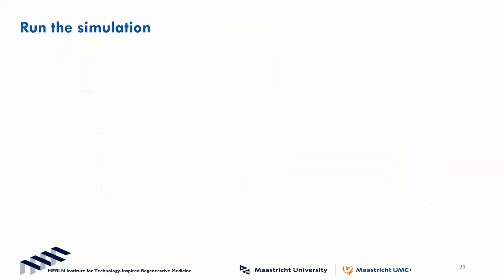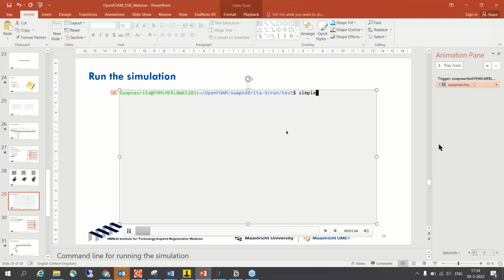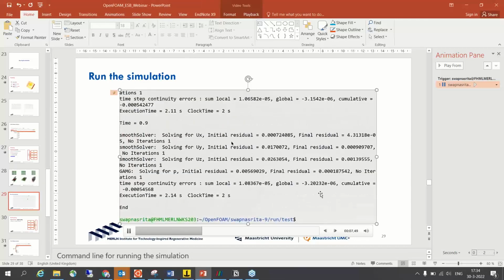And then to run the simulation, we'll just play this. So to run the simulation, you just write the name of your solver and press enter, and then it solves.